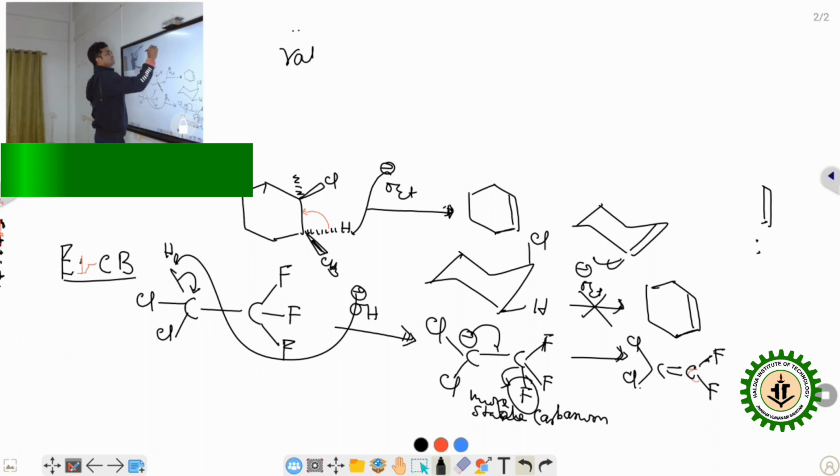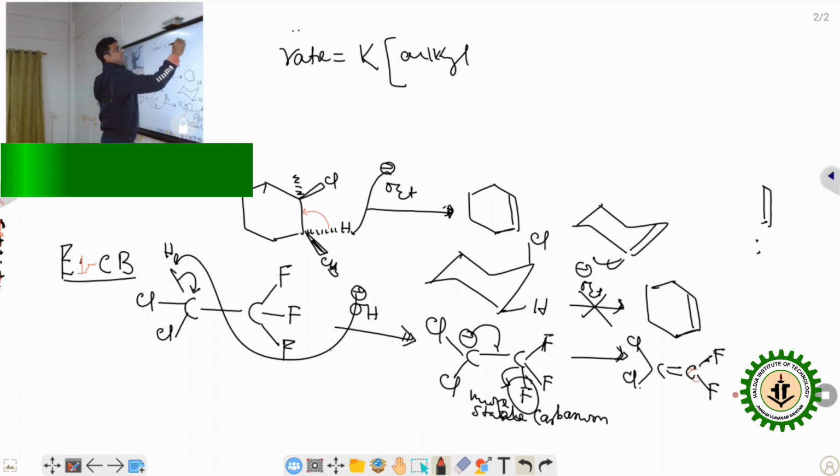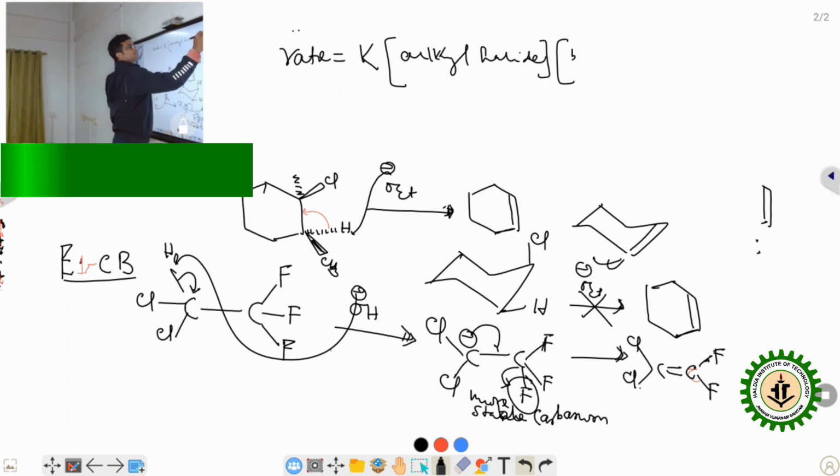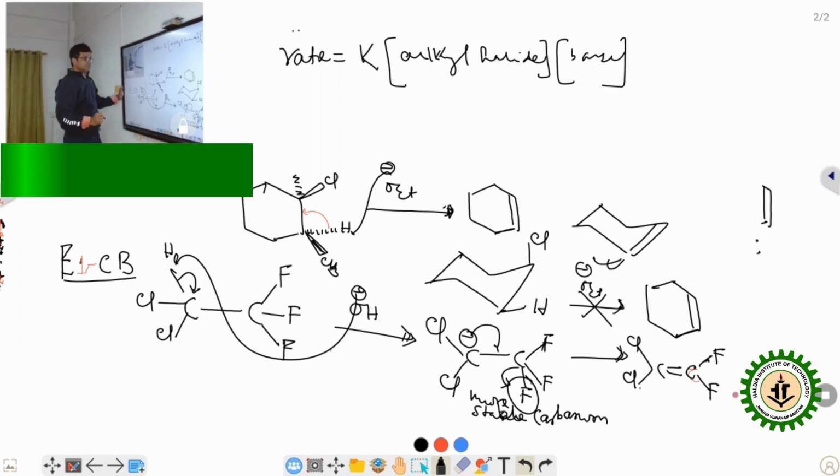Here the rate can be expressed, in generalized expression, as the alkyl halide times the base. But how can we distinguish whether the reaction proceeds through E1Cb or E2?